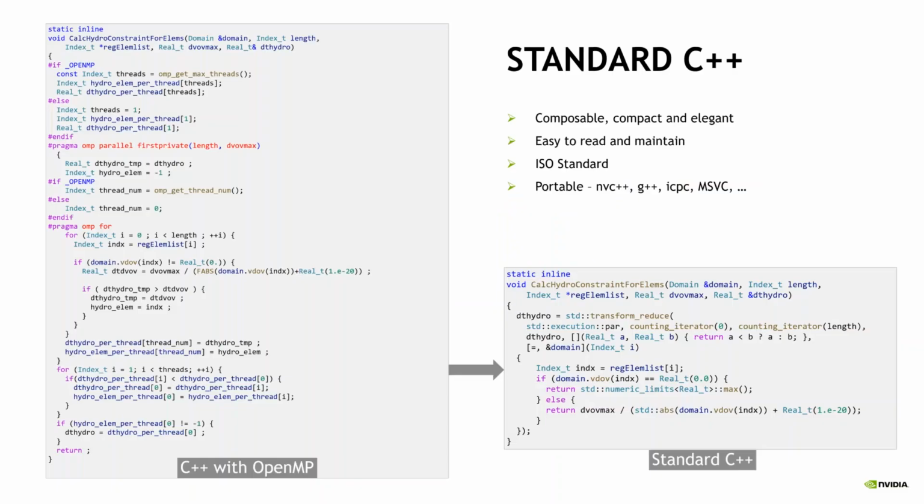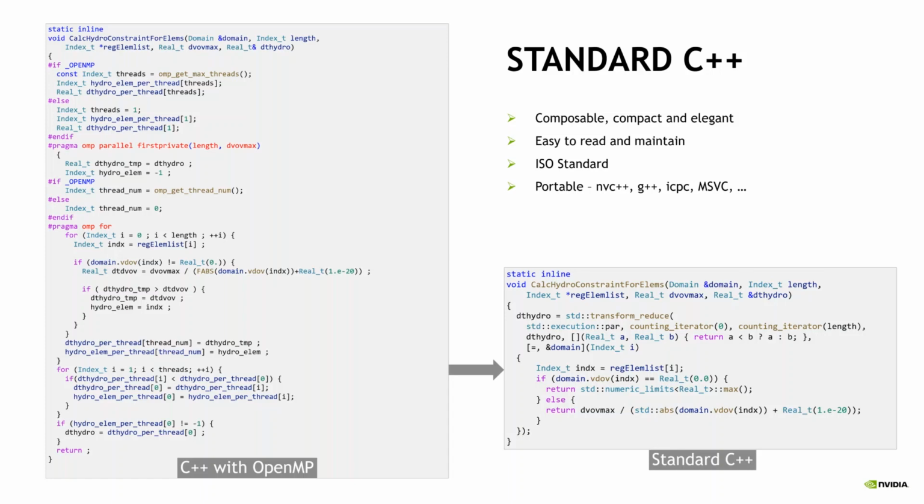So let's look at what you can expect to see with C++. This is looking at, I believe, the Lulesh hydrodynamics code. And on the left, I realize it's a very busy slide, but the point of it is to show you that the code on the left is quite complex. That's a code which has been parallelized using OpenMP.